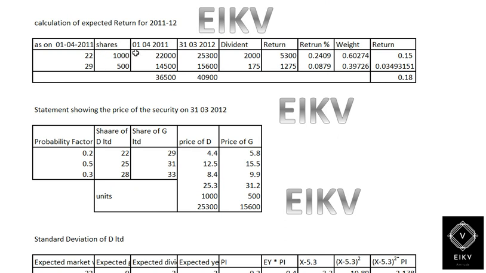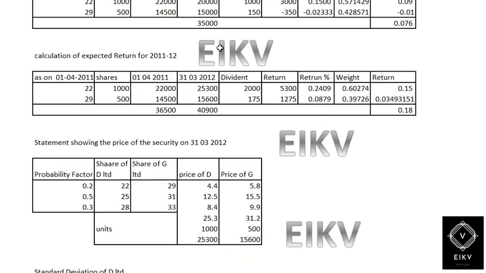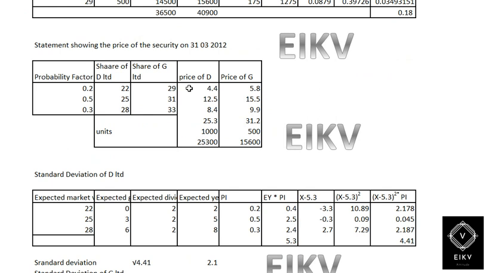When we multiply 22 and 29 with the respective shares, which is 1,500, we get the investment amount as 22,000 and 14,500 respectively. Now we need to compute the market value on the year ended 31/3/2012. For that computation, in the question they have given some probabilities and figures. So I have made another table containing the probabilities and the share prices of D Limited and G Limited.